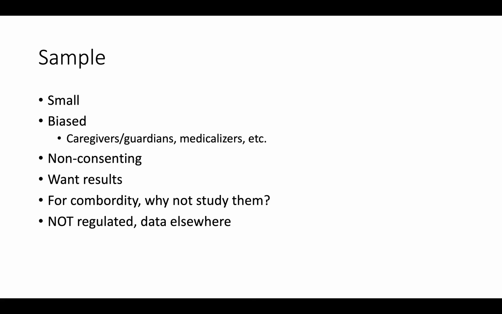The other problem with the sample and looking at genetic correlations with autism is that our sample is biased. This is caregivers and guardians and parents mostly signing up their kids, and they're distressed about their kids. So they're more likely to report very negative things about autism and see it as a bad thing.